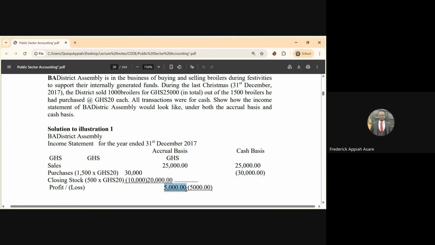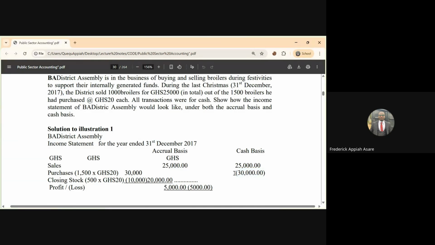With the cash basis, because closing stock will not bring us cash, we don't record closing stocks. We only record transactions that come with cash. That is why with the cash basis, it was only the sales and the purchases that they made. There was no closing stock.